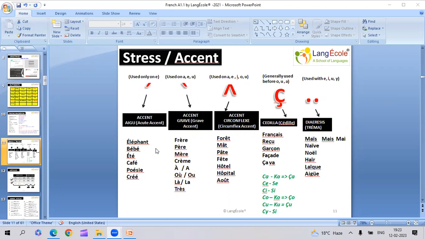It flows towards the right side from down to up. And this accent is used only and only on the vowel, right? On the vowel.